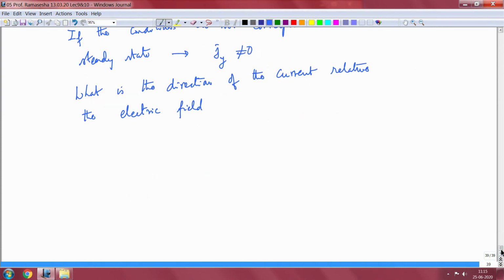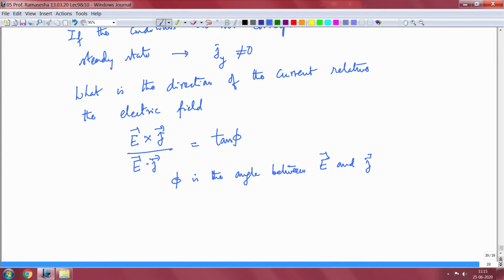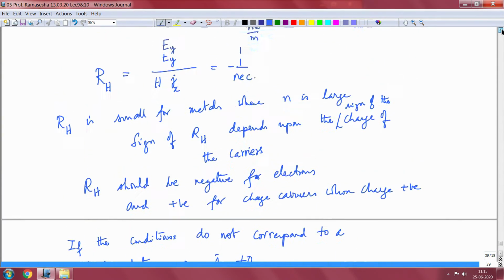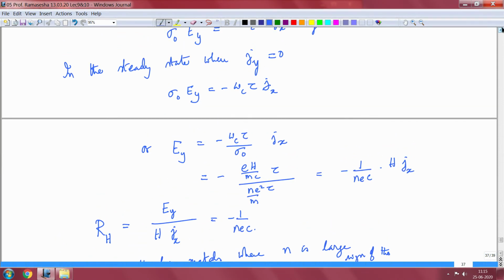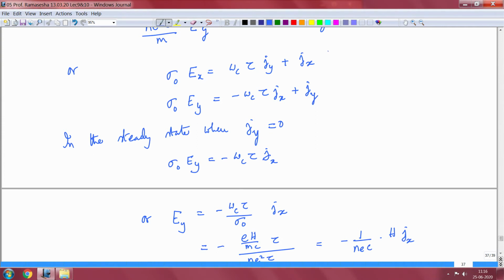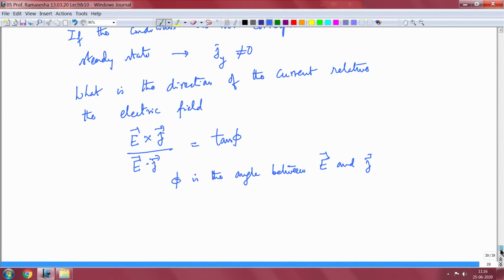So, this can be done quite simply because you can just calculate E cross J by E dot J. So, that will give me a tan phi, where phi is the angle between E and J, and using these two equations that I have here, I can actually calculate this quantity, and what do we get?